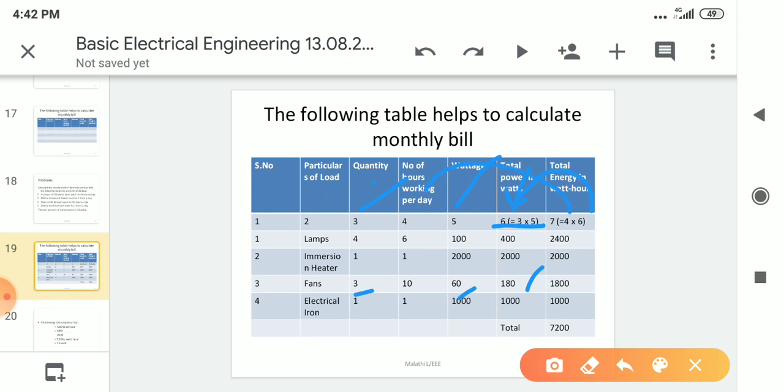So for getting this 7th column, we must take the product of the 4th column and the 6th. That is nothing but energy is equal to power into time. That's it.